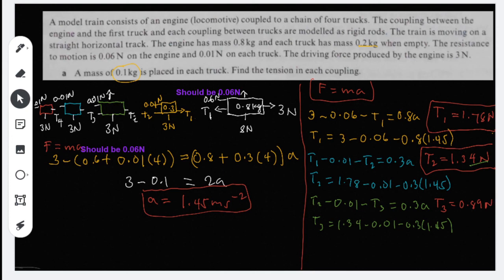And the last, your T sub 4. T sub 4 minus 0.01 is equal to 0.3 times the acceleration.